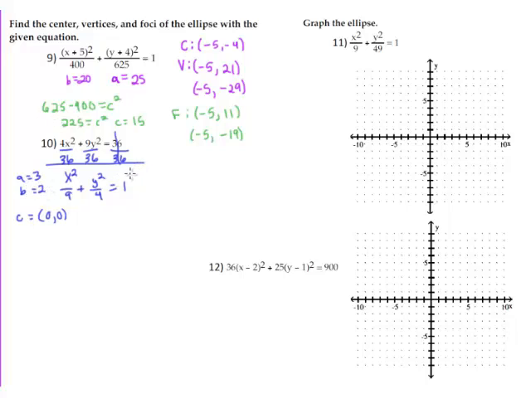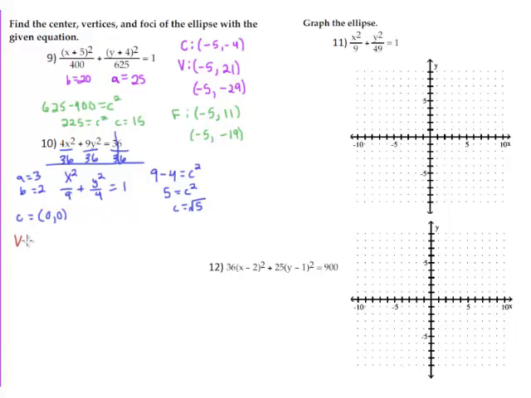So we can find our Pythagorean relation, our c, by doing 3 squared, which is 9, minus 2 squared, which is 4, equals c squared. So 5 equals c squared. So c equals square root of 5. And then we have all the information we need to find the vertices and the foci.